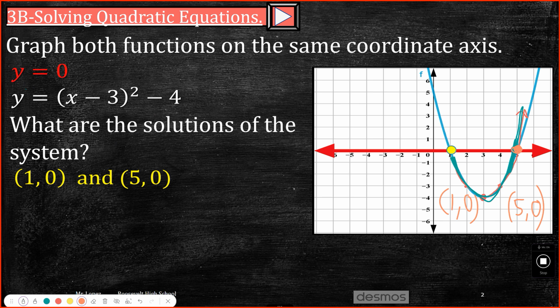Okay, so that's what we're going to do today, solve quadratic equations. Okay, moving on. You guys got it? I'll give you a little bit of time. Okay, so I hope you understand the big picture is where does it cross the x-axis?